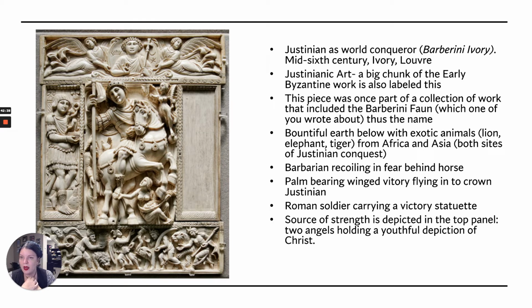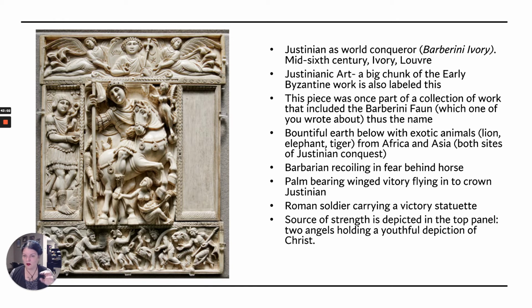We also have this figure to the left in his own little panel who's in this traditional classical Roman armor. And he is bringing a statuette of the winged Victory to Justinian, so also saying that you're the true champion of Rome, basically.